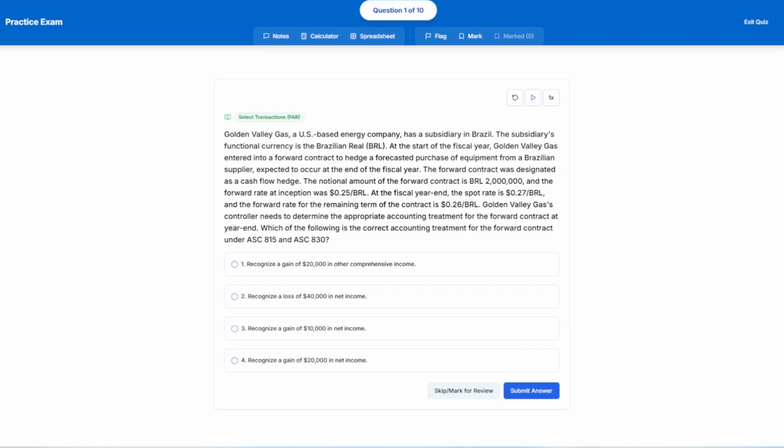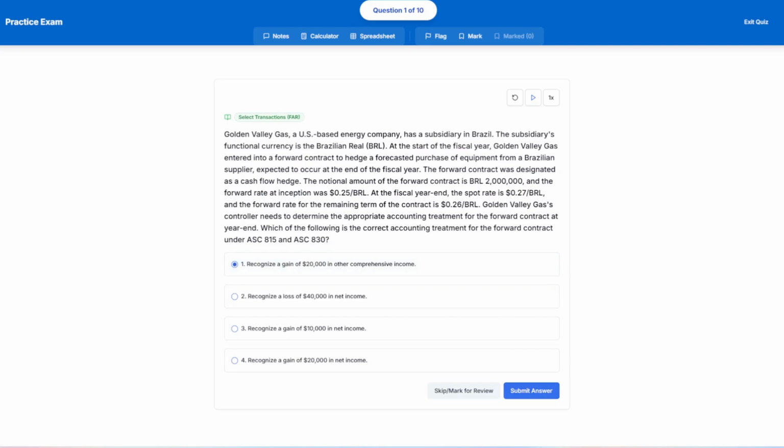Option 4 mentions recognizing a gain of $20,000 in net income. This option can't be correct because, again, the effective portion of a cash flow hedge should be recognized in OCI, not net income. Based on our analysis, the correct answer is to recognize a gain of $20,000 in other comprehensive income.